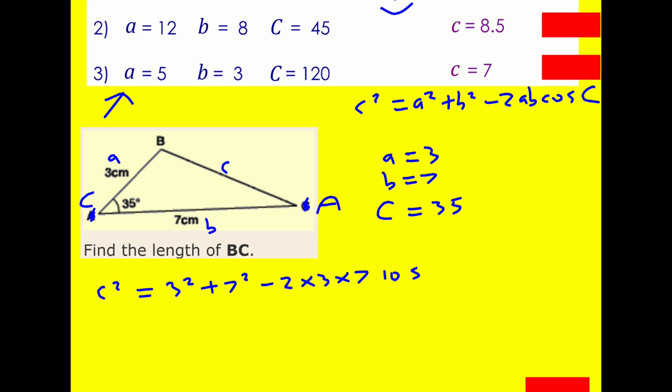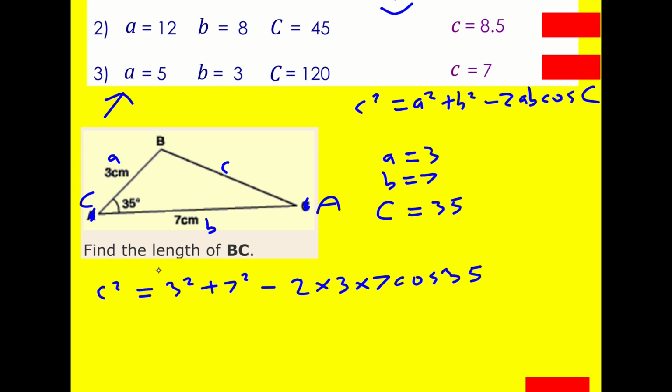I would expect this level of working, even though I didn't do it above. Sorry, just temporary issues with my pen. Yeah, it's better. 2 times 3 times 7.